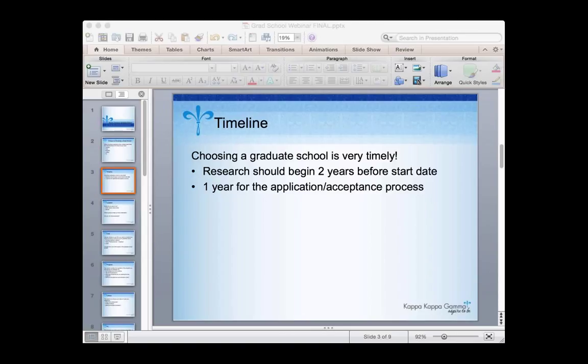Your slides are not showing. Can you pull that back up? Okay, can you see them now? I just see the title, Choosing a Graduate School in 5 Easy Steps.